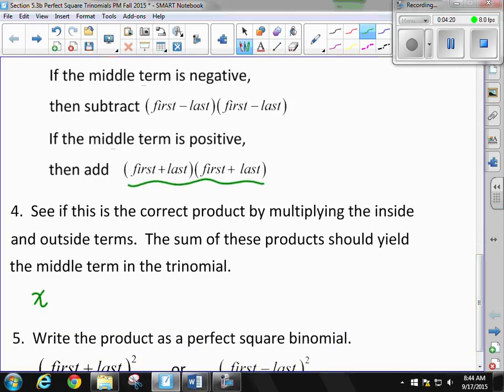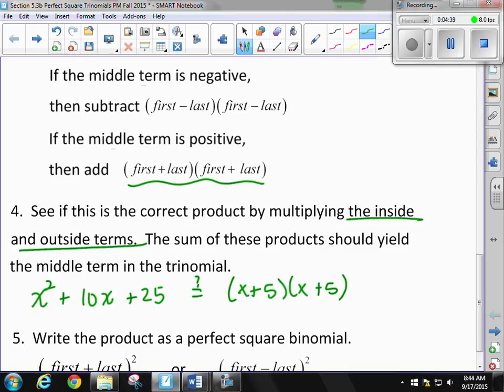These products should yield the middle term in the trinomial. So again, my trinomial was x squared plus 10x plus 25, and I'm going to check: does x plus 5 times x plus 5 give me the correct polynomial? Check by multiplying the inside and the outside terms. 5 times x is 5x, and x times 5 is positive 5x. 5x plus 5x gives me 10x.